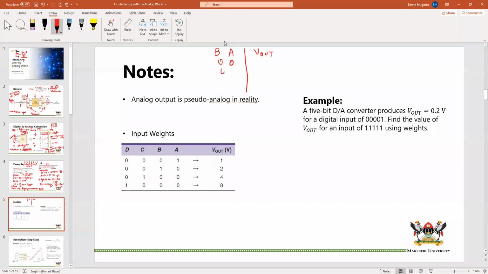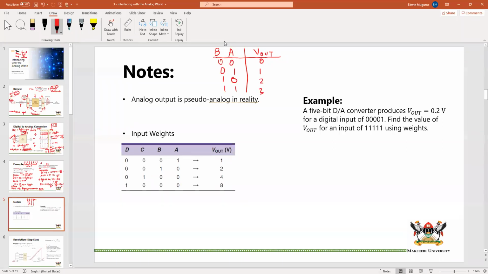It is 00, 01, 10, 11. So here it's 0, 1, 2, 3. As you can see, V out, which is the analog equivalent, can either be 0 or 1 or 2 or 3.